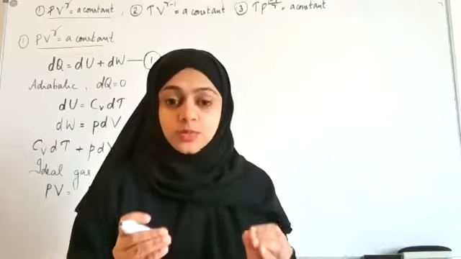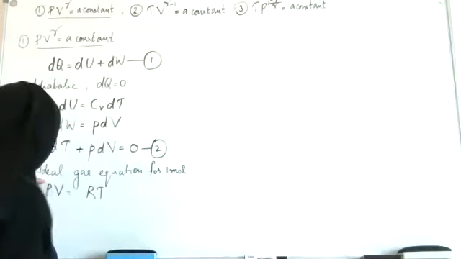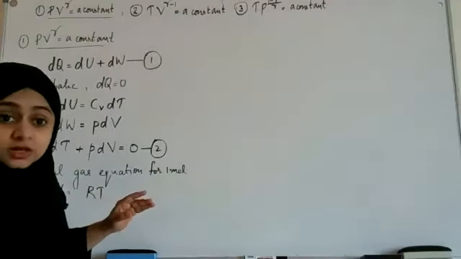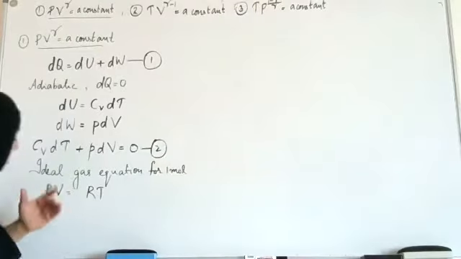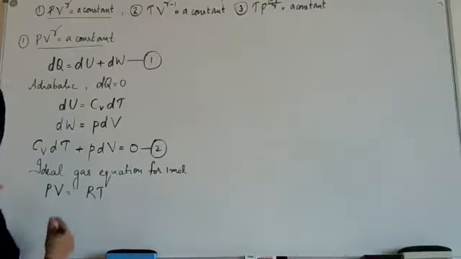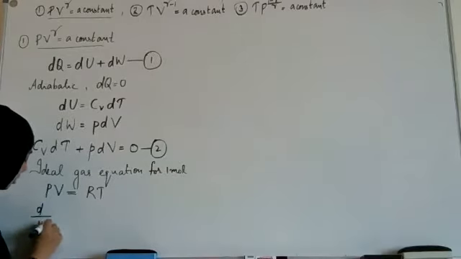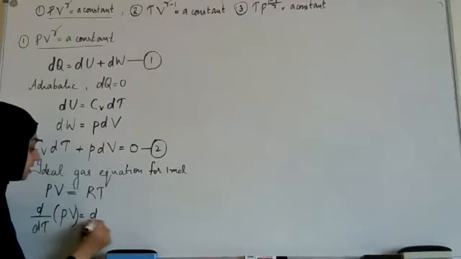So, in order to make it dT, what I am going to do is I will be taking the derivative of this equation with respect to temperature, d by dT. So, I am going to do d by dT on both sides. So, here it will become d by dT of PV is equal to d by dT of RT.